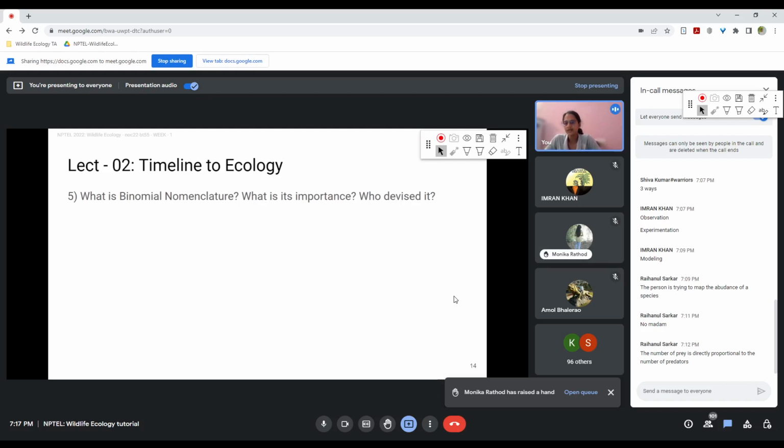Even in India itself, you have so many ways in which you could call a crow in different languages. Without binomial nomenclature, you would think you're talking about different species, but it's actually the same species. So to standardize it, you need binomial nomenclature. I think all of you have gotten that right.